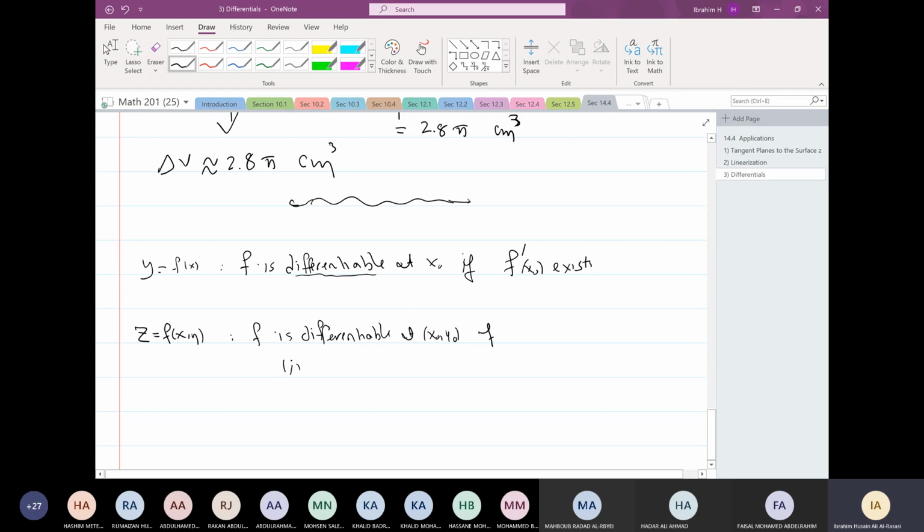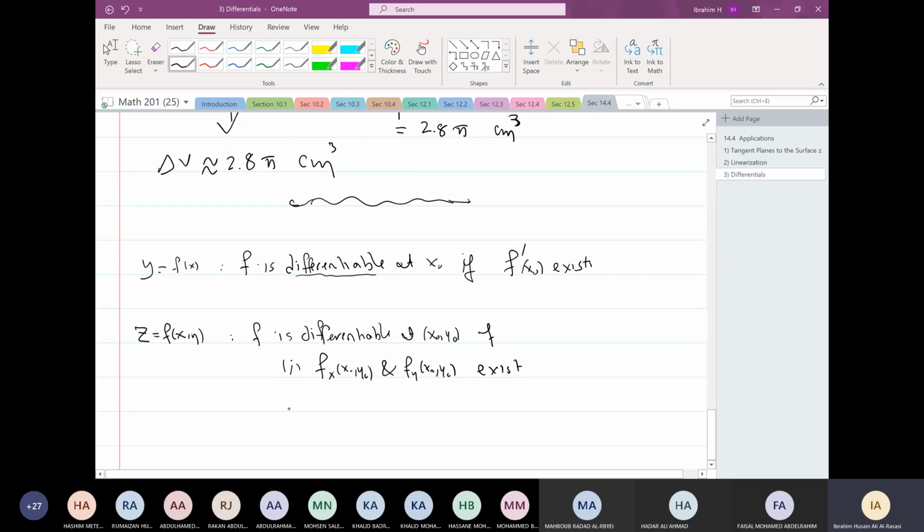The first condition is the generalization of Math 101. F prime becomes f sub x and f sub y, meaning f sub x at x0, y0 and f sub y at x0, y0 both exist. So the derivative becomes f sub x and f sub y, and you can find both of them.